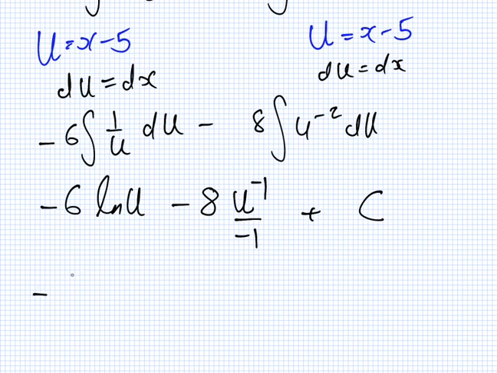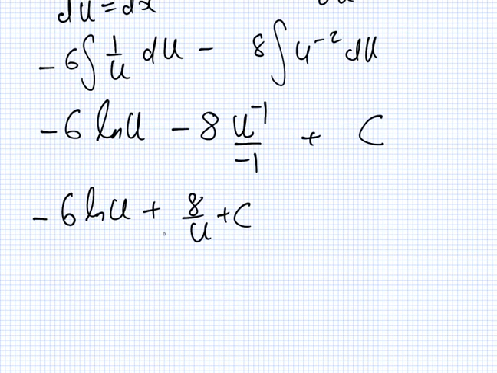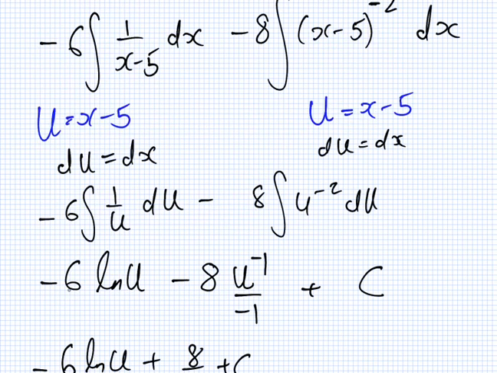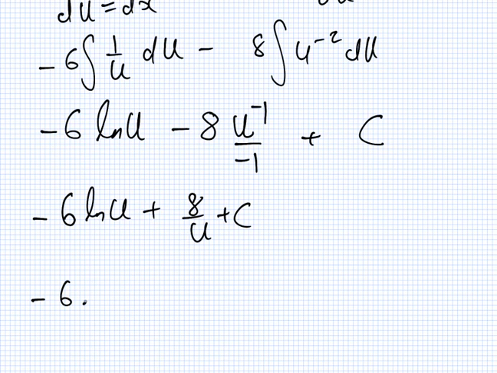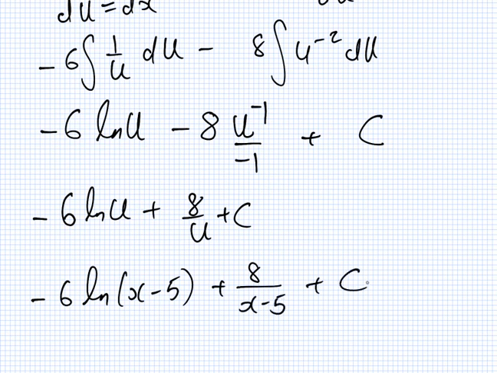That is minus 6 log u plus 8 over u plus c, which equals minus 6 log of x minus 5 plus 8 over x minus 5 plus c.